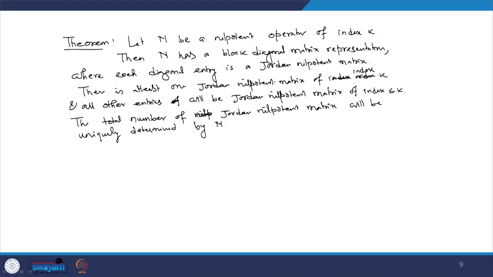If you consider the operator, fine; if you consider the matrix, then it is also fine. So, this is basically a classical theorem which talks about the block diagonal matrix representation of any nilpotent operator or nilpotent matrix of a specific index k.